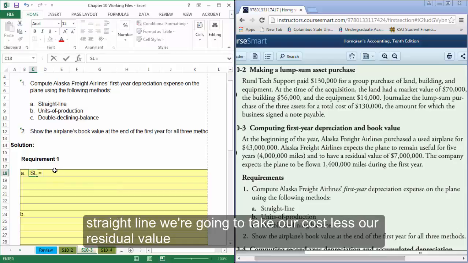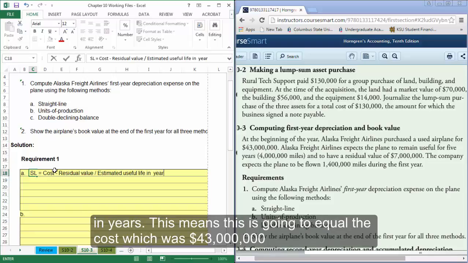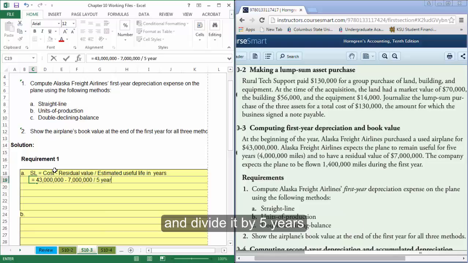For straight line, we take our cost less our residual value and divide it by the estimated useful life in years. So this equals the cost, which was $43 million, minus that residual value of $7 million, divided by 5 years.